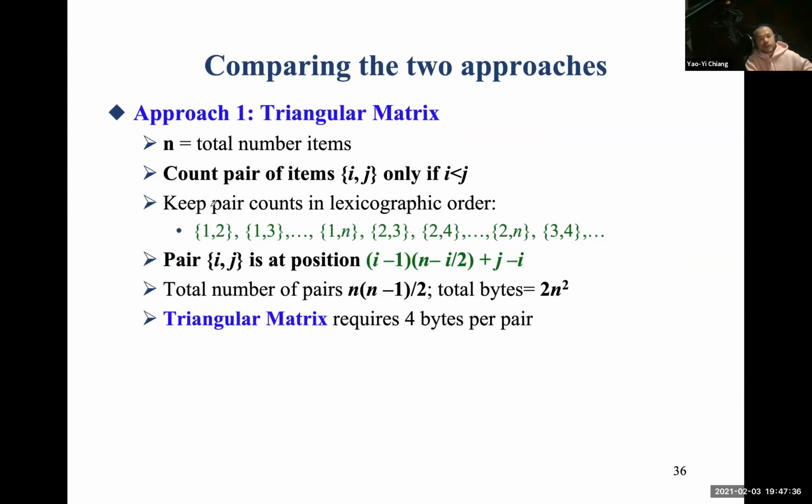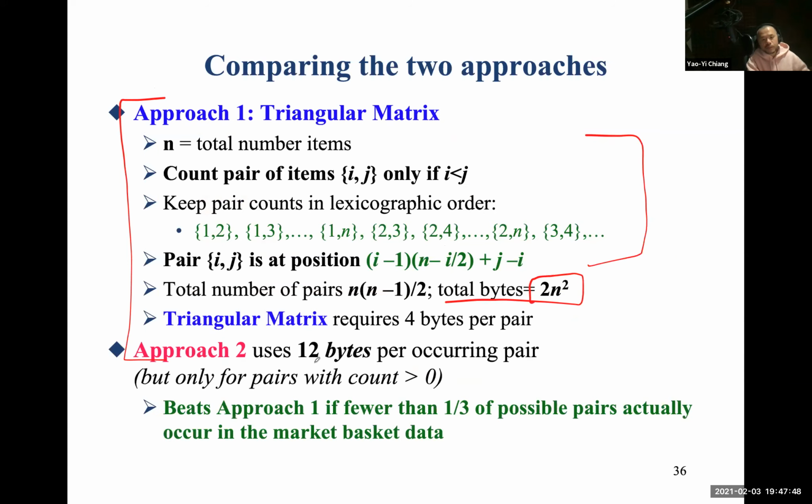So if we compare the two approaches, the first approach requires 2n squared bytes based on our calculation. This is the same from the previous slides. Approach number 2, the triples, you would need to use 12 bytes because you have to store the key, which is a pair, and the value.